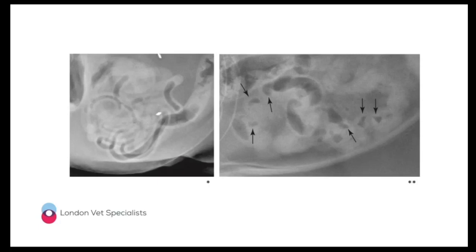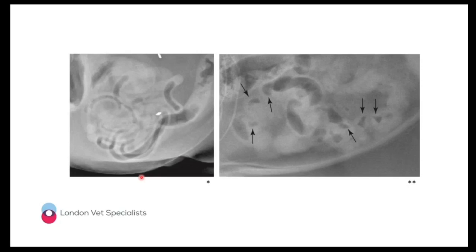So just a word of caution for cats. We've got two radiographs here. They're both abdominal, and they both show the mid-abdomen and gas within the bowel. The radiograph on the left is an obese cat, and what we're looking at are normal gas-filled loops of bowel.